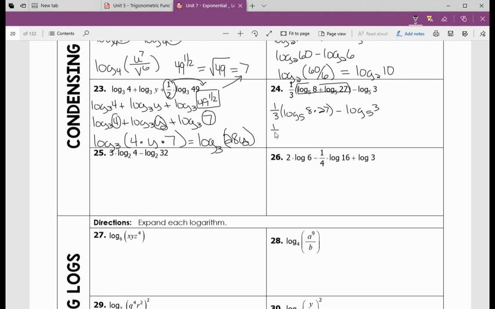So I have 1/3 log base 5 of 216. Now, I do have a multiplier, so I'm going to have to put that up as my exponent. So that becomes log base 5 of 216 to the 1/3 power minus log base 5 of 3.